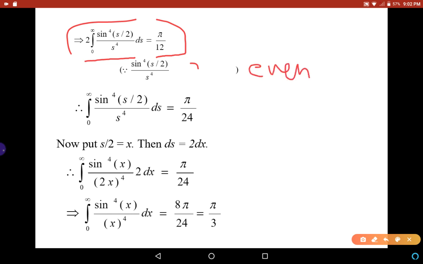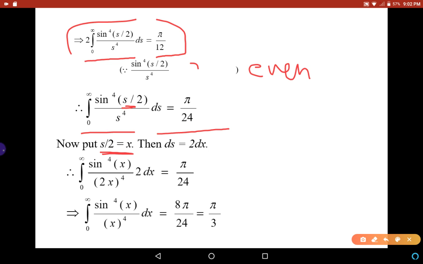Since sin⁴(s/2)/s⁴ is an even function, the value of the integral from 0 to ∞ of sin⁴(s/2)/s⁴ is equal to π/24. But in the problem, we are asked to derive the integral from 0 to ∞ of sin⁴x/x⁴. So in place of s/2, we substitute x.